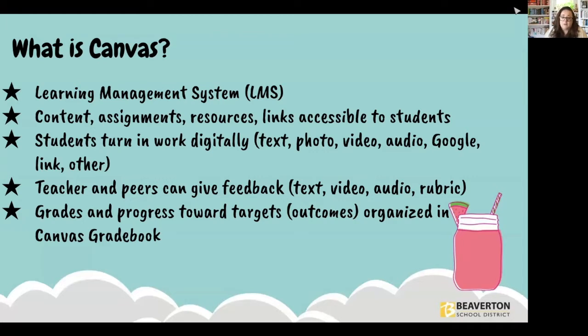And it also provides you a space to give feedback, whether that's through text or typing, video and audio feedback, and the use of rubrics, which can make your teacher efficiency better. As a secondary English teacher, I always tell people this stat because I think it can kind of help alleviate fears. When you're grading papers at the secondary level, it can take upwards of 24 extra hours to just grade one essay.